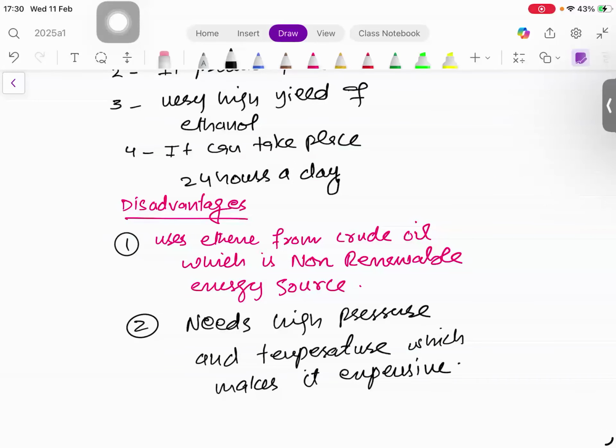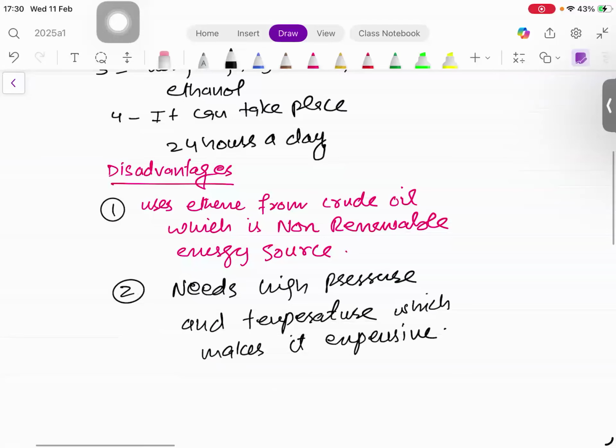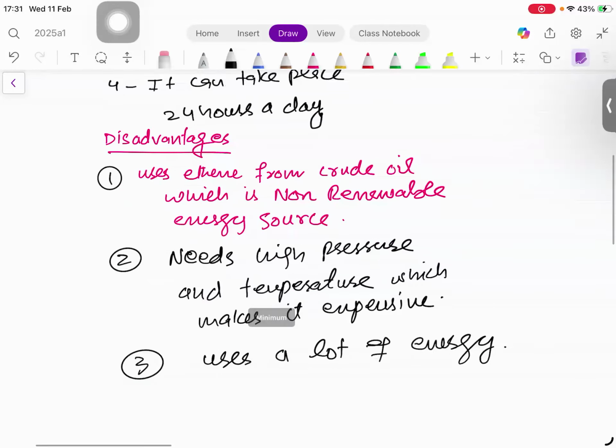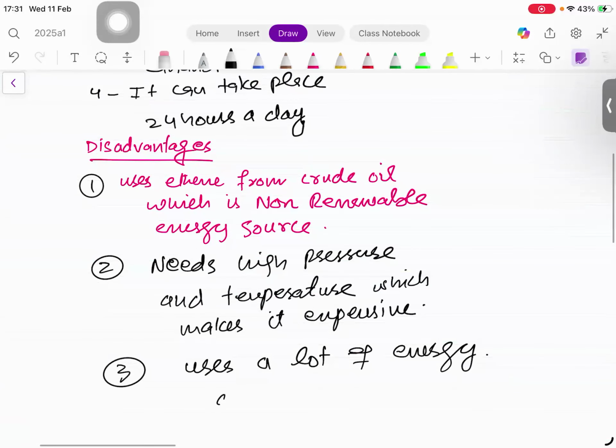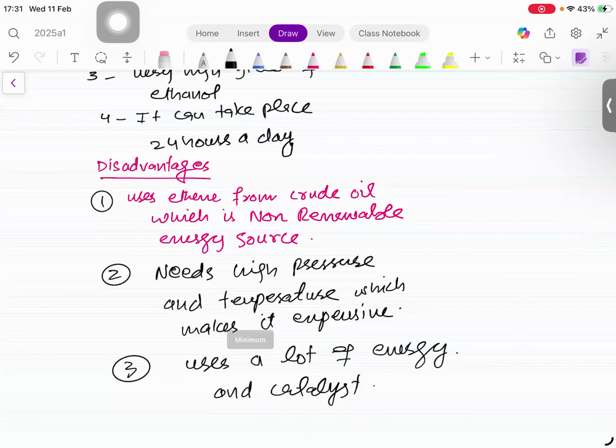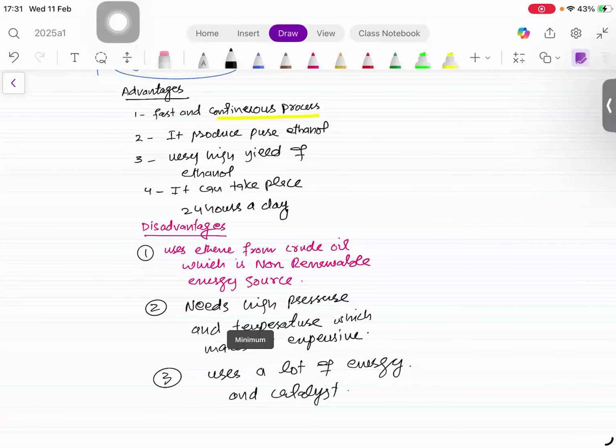It uses a catalyst, needs high pressure, and uses a lot of energy and catalyst. Now these are the disadvantages.